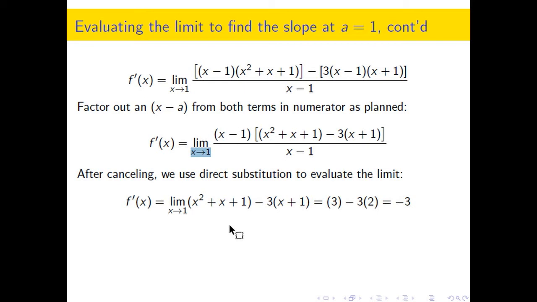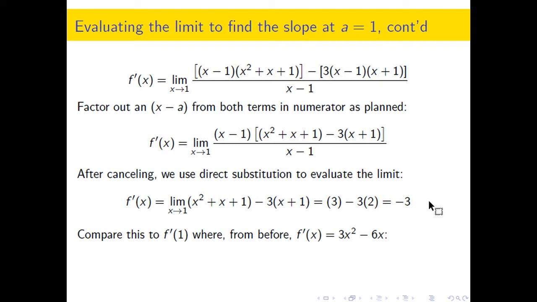So I have 1 squared plus 1 plus 1, which is 3 from the first group, and from the second group I just have 3 times 1 plus 1, that's 3 times 2, which is 6, so I have 3 minus 6, which is negative 3. So that's the second example completed.